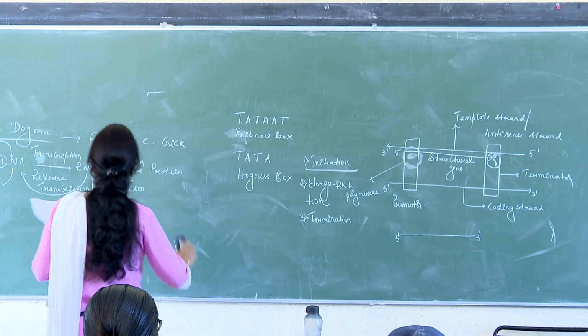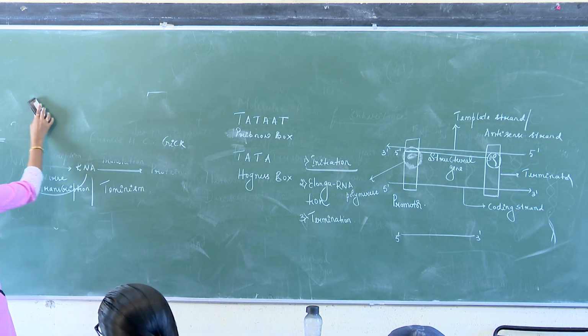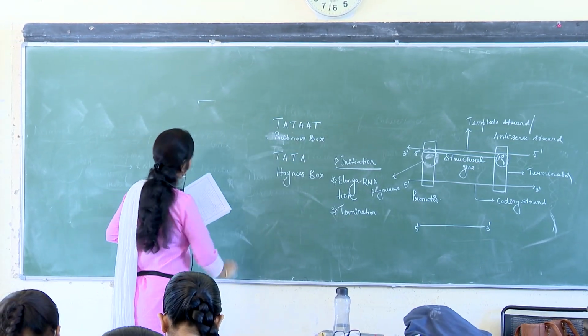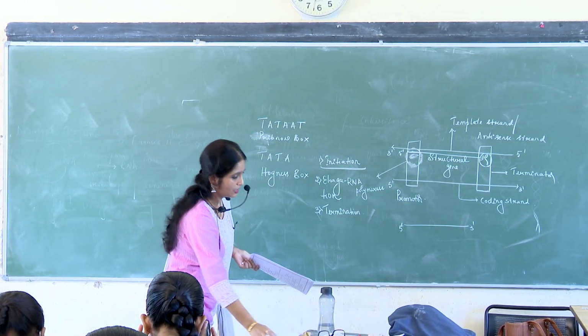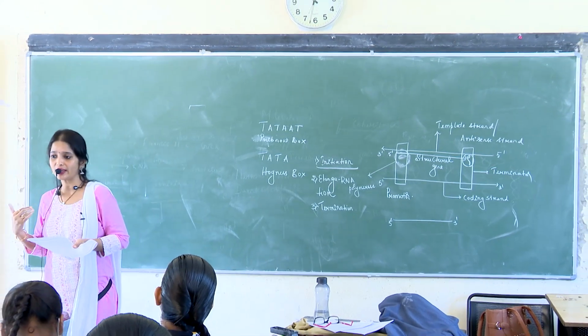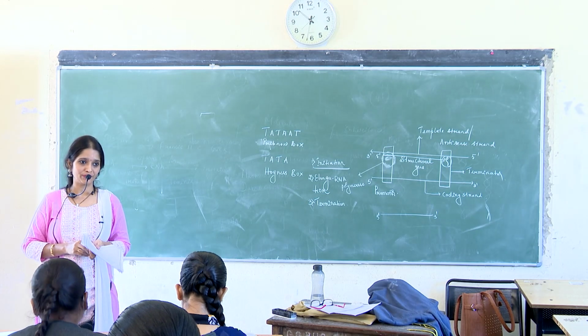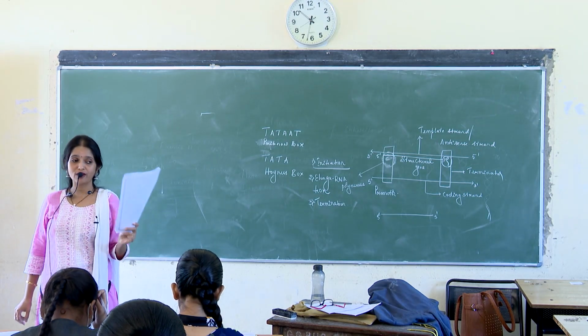In prokaryotes, the RNA that is synthesized, what is it? Functional RNA. Functional RNA. But in eukaryotes, the RNA that is synthesized is not functional.